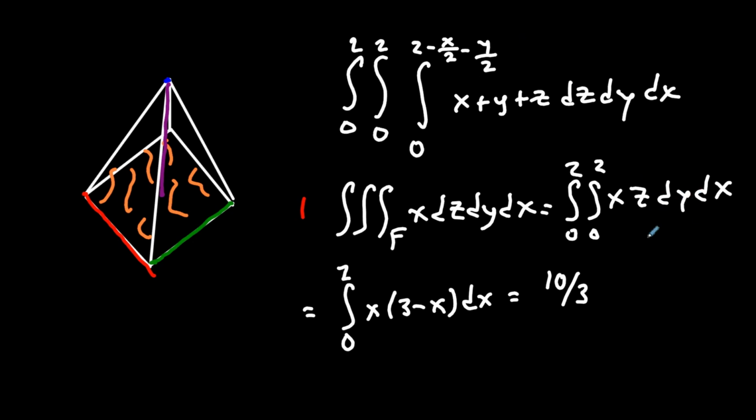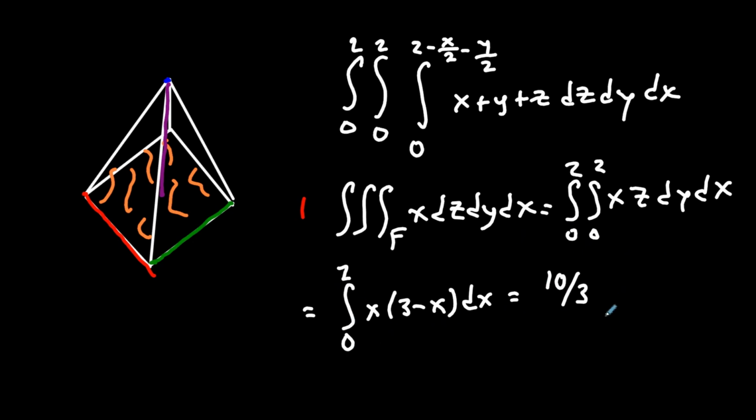And then after solving this one, you'll get the integral of 0 to 2 of x times 3 minus x. So now it simplifies even further. Obviously, I don't need to do the math on this, but you can figure this out for yourself. And then, of course, we take this integral, plug in from 0 to 2, and we get 10/3.